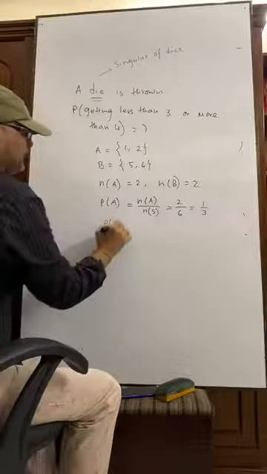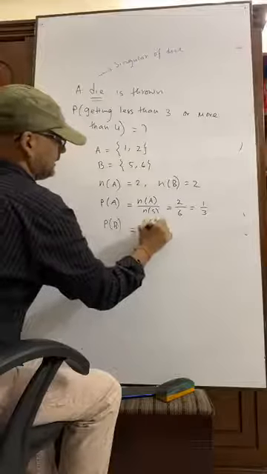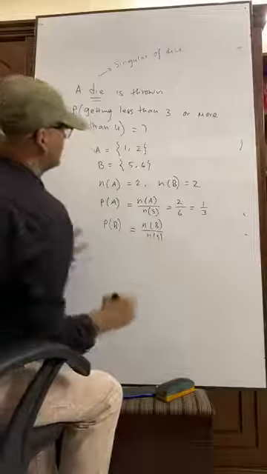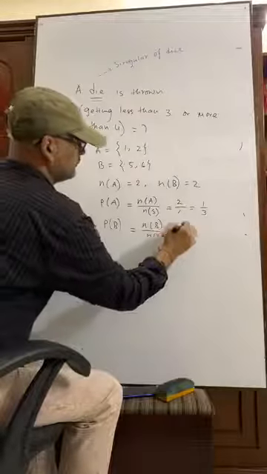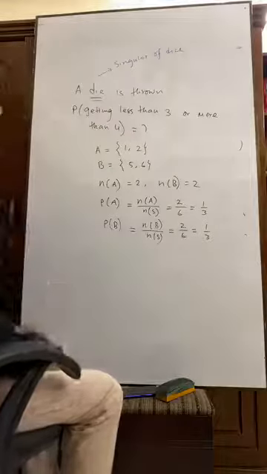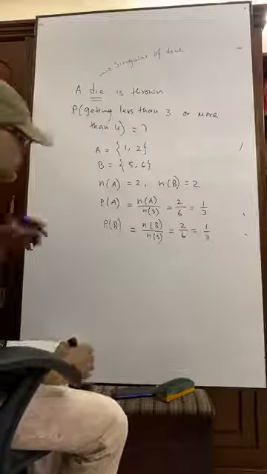Probability of B is equal to n of B by n of S. That is also 2 by 6 equals to 1 by 3. What is OR? OR means union.